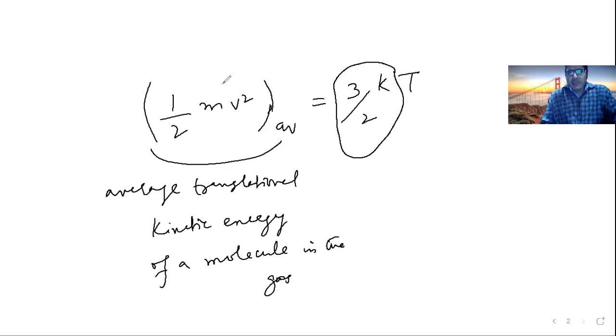It says that the average translational kinetic energy of a molecule in the gas is proportional to the absolute temperature of the gas. That means if I increase its absolute temperature, I am actually increasing the average translational kinetic energy of molecules of the gas. So it relates the absolute temperature of the gas with the average translational kinetic energy of its molecules, right?